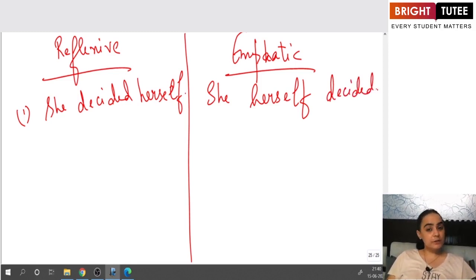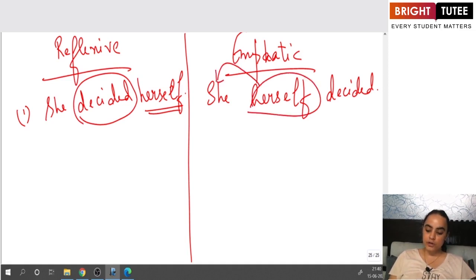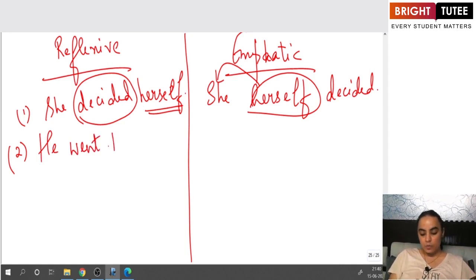You see the difference between the two sentences? Here, herself was used as the object of my verb, and here herself was used to give emphasis on what the subject has done. If I give you another example, he went there himself.